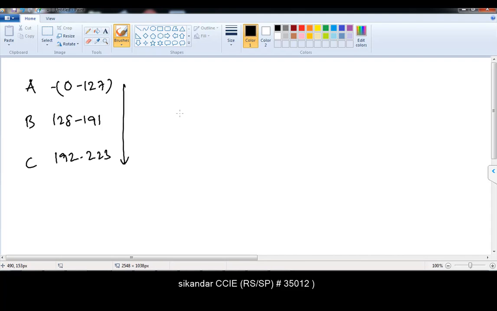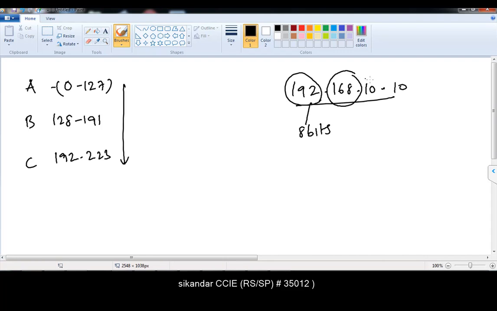Now these three classes are further divided into some portions. We know that there are 4 portions. If I say 192.168.10.10, we got 4 portions. Each and every portion represents 8 bits.